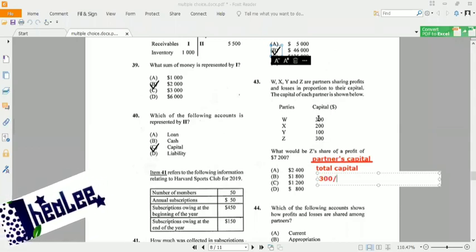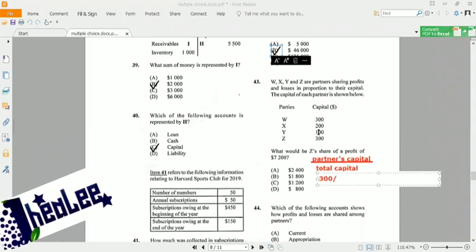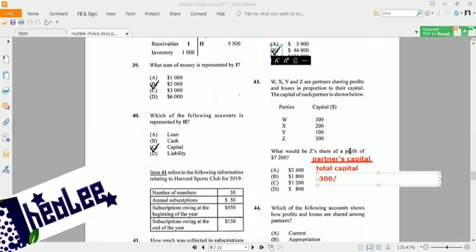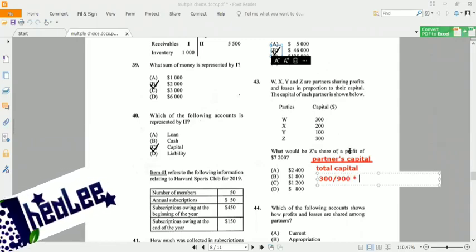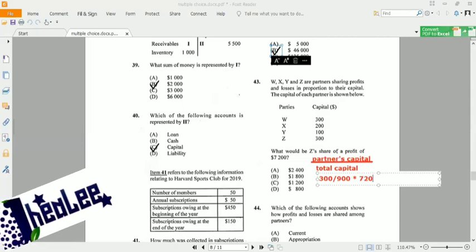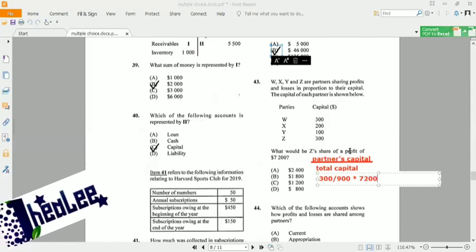We're going to divide that by total capital. So we have 3 plus 2 plus 1, that is 6, plus 3, that is 900. And if you simplify that, you would get 1/3. And we're trying to find 1/3 of 7,200, which gives us 2,400.